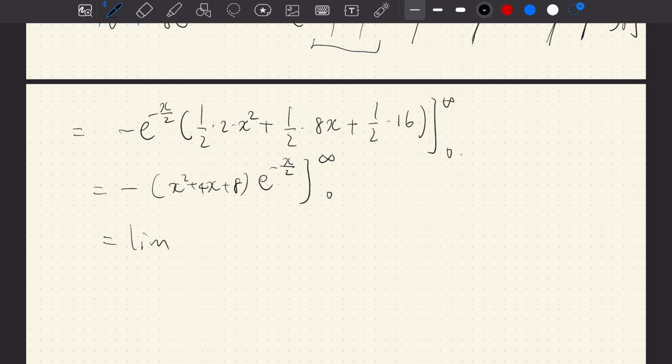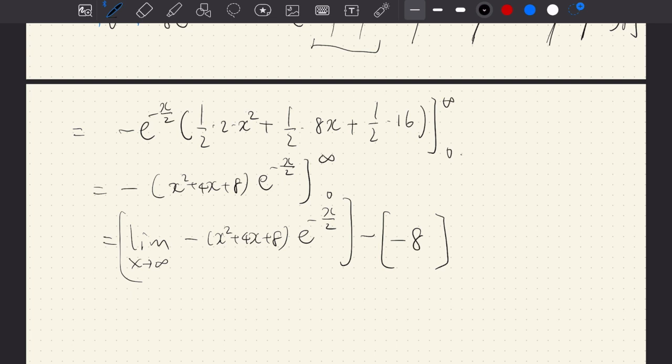So at infinity, this is like x goes to infinity of negative x squared plus 4x plus 8 times e to the negative x over 2. And for the second term, when x is plugged in at 0, the x squared and 4x vanish, so you have 8 here. And for the exponent, you have e to the 0, so it's 1. So you get something like this.